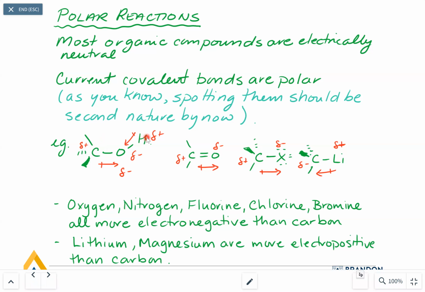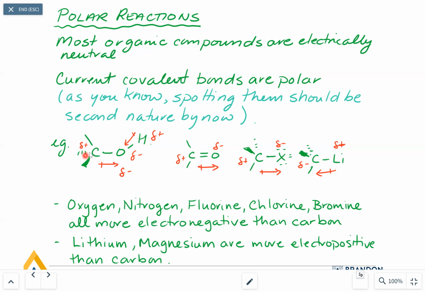So if you've got an alcohol, there's technically two polar bonds on the alcohol. One is the polar bond to the proton, so H has got this delta positive, and the other would be the polar bond to carbon. Oxygen's more electronegative than carbon, so this carbon should have a partial positive charge.